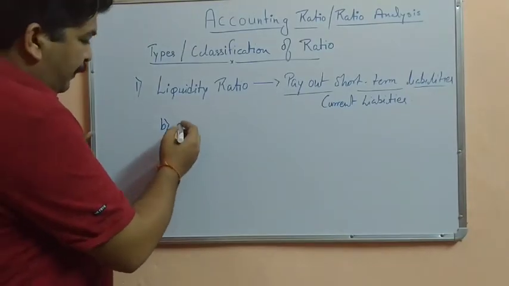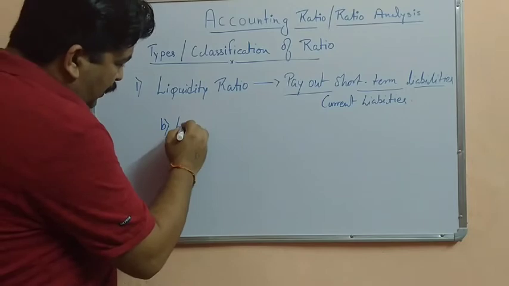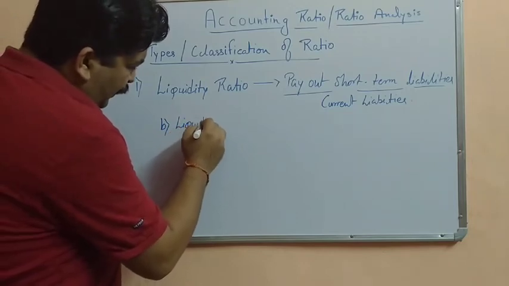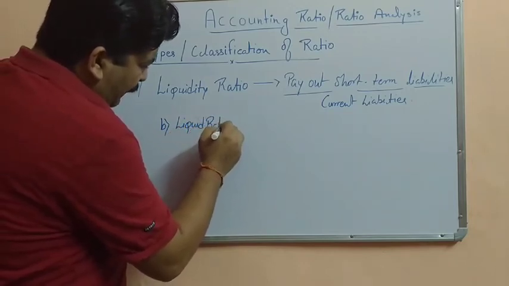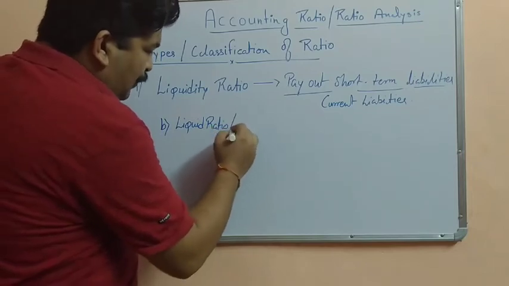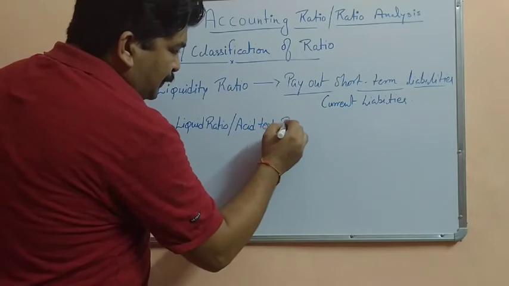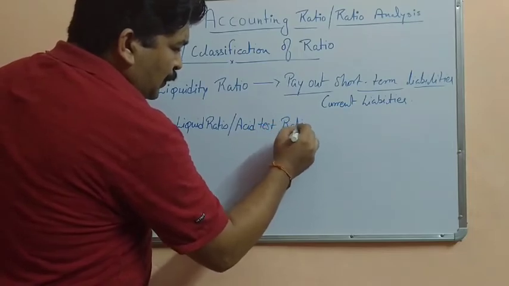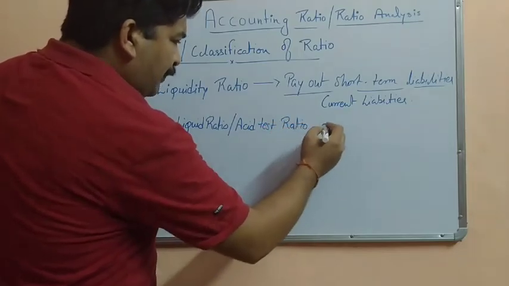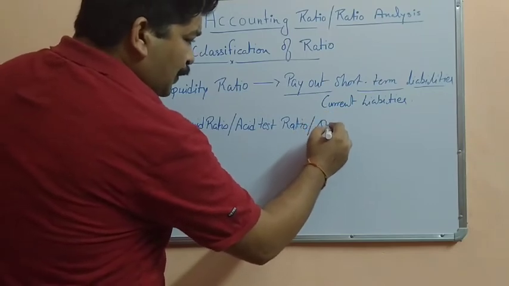Second is liquid ratio. It is also known as acid test ratio. One more name is given to this: it is also known as quick ratio.